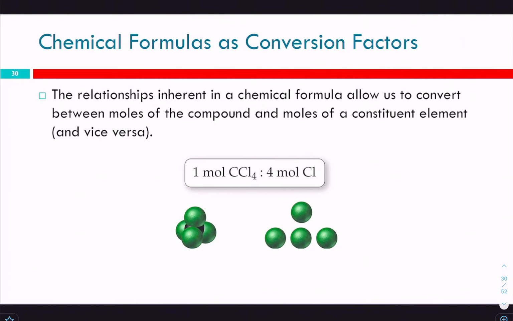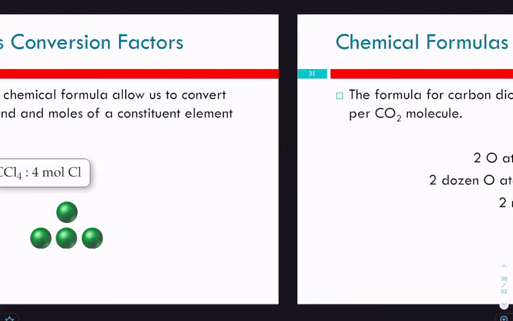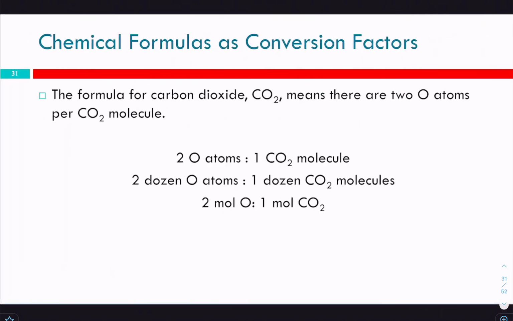How much sodium chloride, how much table salt can we eat and stay below the FDA recommended limit? For some other ones here, carbon dioxide means that there's 2 oxygen atoms for every 1 CO2 molecule. So there will also be 2 dozen oxygen atoms for every 1 dozen CO2 molecules.